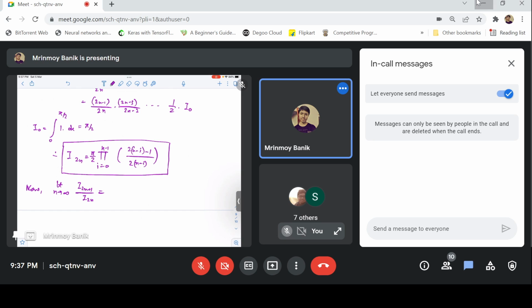Now taking limits on all sides. This is just 1, so this converges to 1. This is already 1. So by the sandwich theorem, the limit in between also converges to 1, or it is 1.